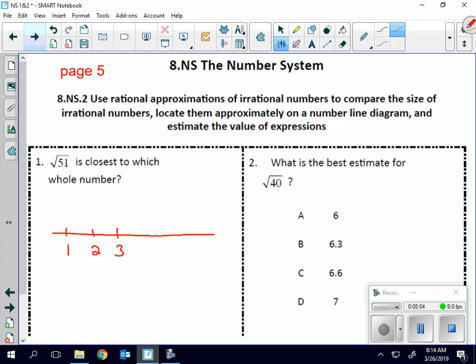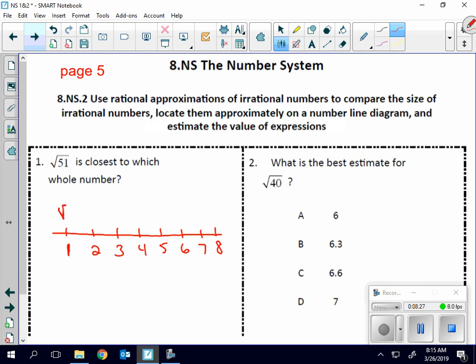I'm going to go up to 8 in this case. 4, 5, 6, 7, 8. You might not know what you need to get to, so you just do it until you figure it out. Well, I know that 1 times 1 is 1.